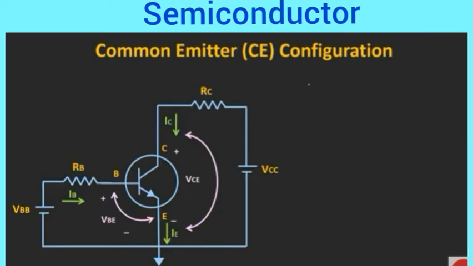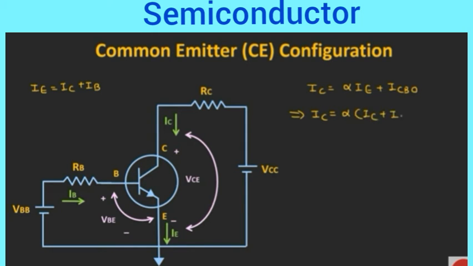So let's understand it. In the common base configuration, we had seen that the collector current IC can be given as alpha IE plus ICBO, where ICBO is the reverse saturation current. We also know that the emitter current can be given as IE equals IC plus IB.